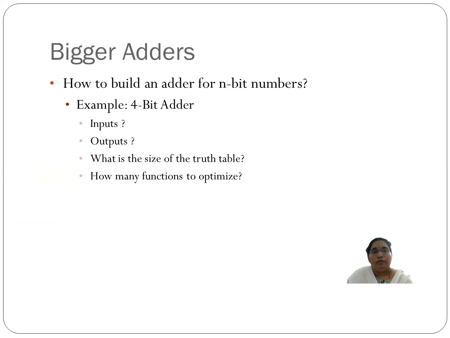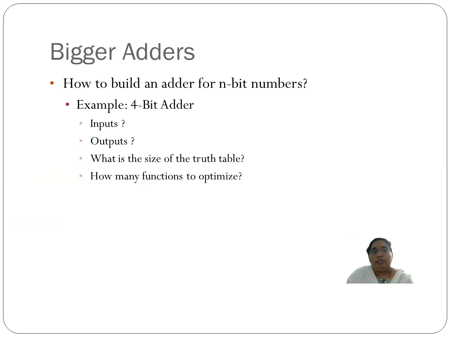So totally 4 bits of A, 4 bits of B, and a carry input, together giving 9 input bits, or 9 input variables. By adding these two 4-bit numbers along with carry, the resultant output can be a 5-bit number, because there is a chance of getting a carry in the output after the addition.